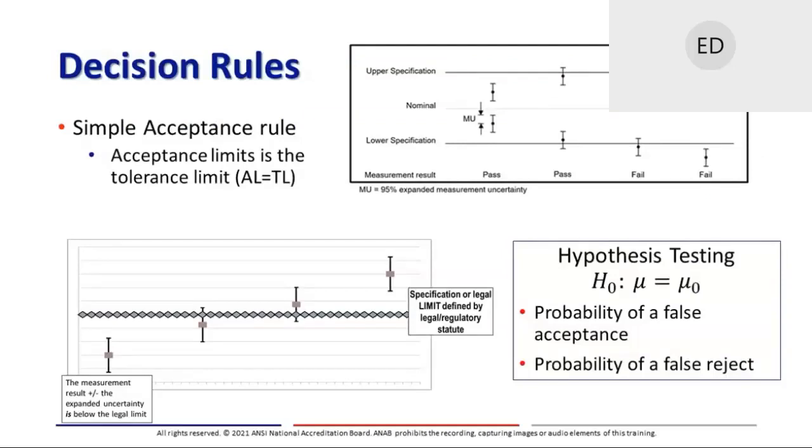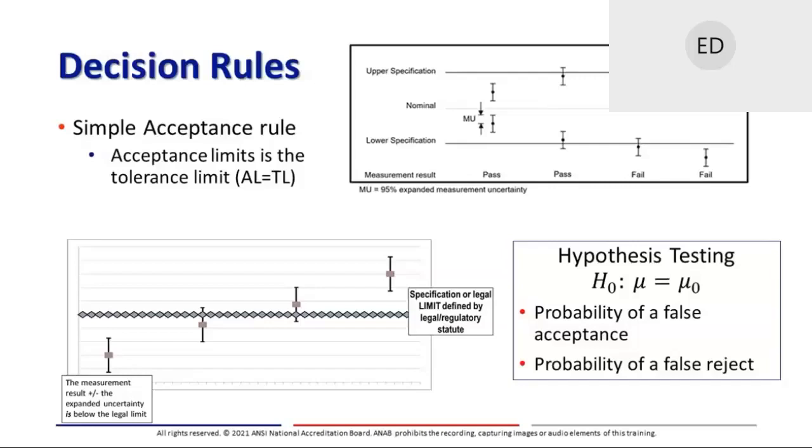And again, this is very similar to hypothesis testing, where you would state the hypothesis that your measurement result equals the specification, and then you would have the probability of a false acceptance or the probability of a false reject depending on the uncertainty of measurement and the tolerance limits that are set.